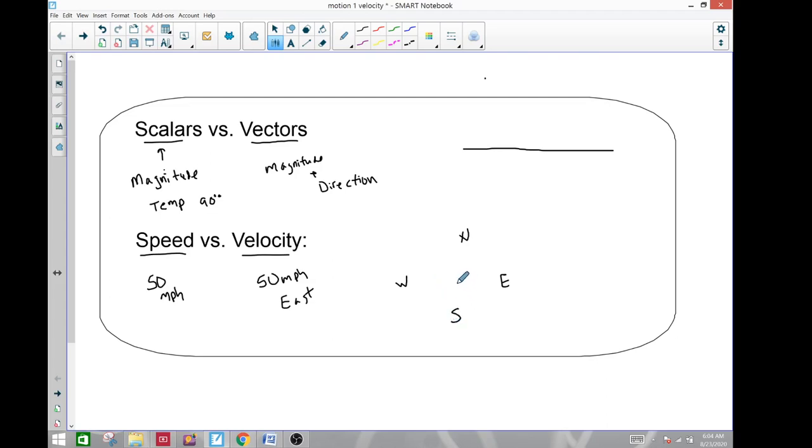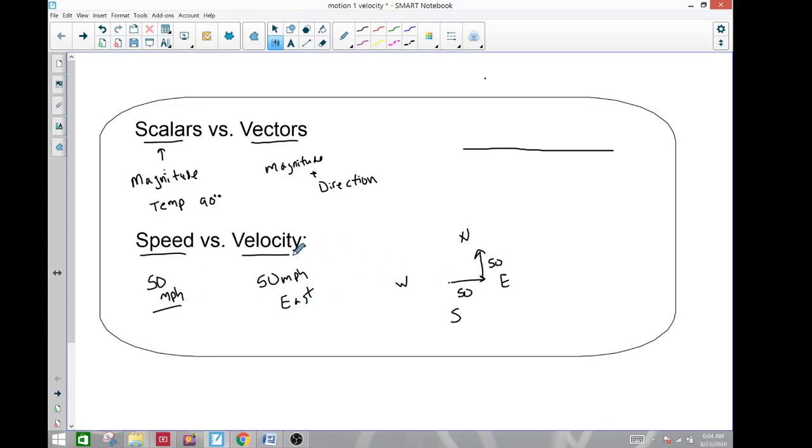If you're traveling east at 50 miles per hour and you turn and go 50 miles an hour north, then you've changed your velocity. You haven't changed your speed, but you've changed your velocity.